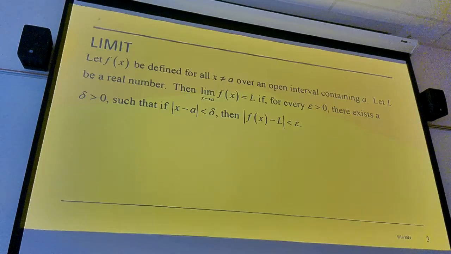That is the definition of a limit. And then there are, of course, definitions for the one-sided limits, limits at infinity, infinite limits, all that fun stuff.